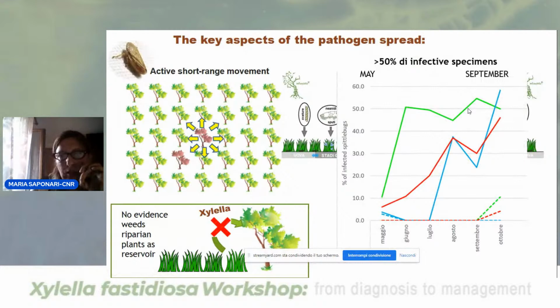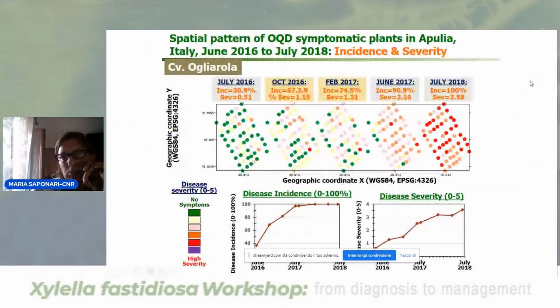And then, just briefly, here are the results of a 2 years monitoring of symptoms in an olive grove. You see how all the plants are represented by a red spot indicating a symptomatic plant. So the spread in olive groves without management of the vector is quite rapid.